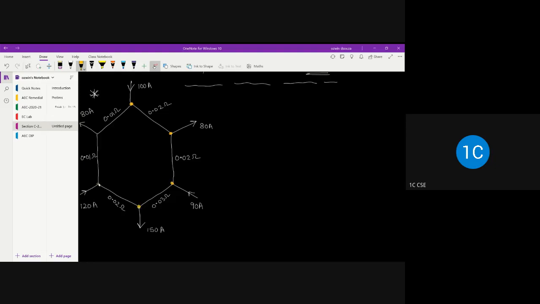And you have been given the details about various currents. Some currents are entering, some currents are leaving, and also you have been given the branch resistance. The question is to find the currents in the various branches of the network. So, a very important problem.